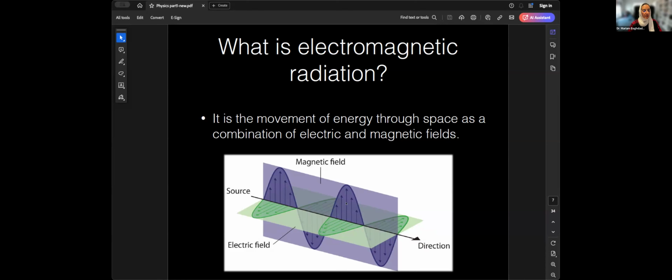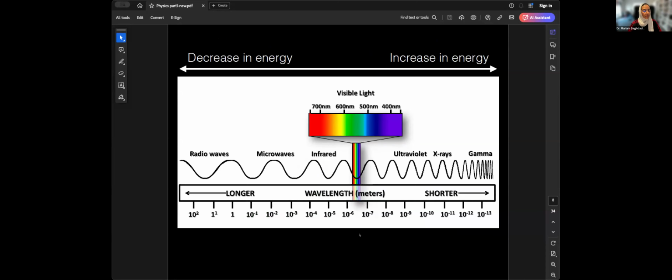If you look over here, you have two fields: a magnetic field, and perpendicular to that, an electric field. And this is what forms every single type of energy around you, whether that's visible light, radio waves, or any type of energy that moves through space.